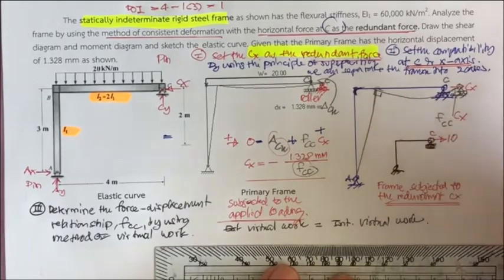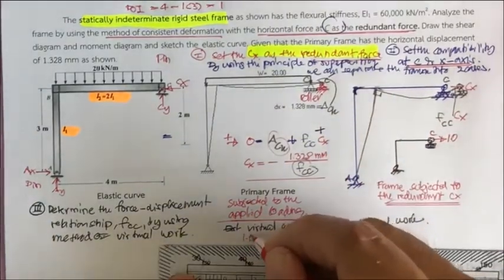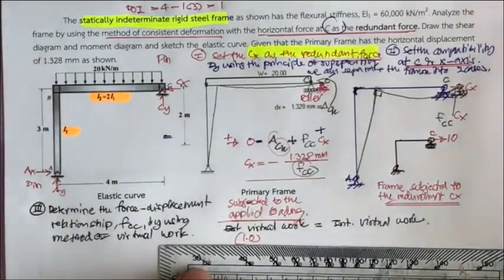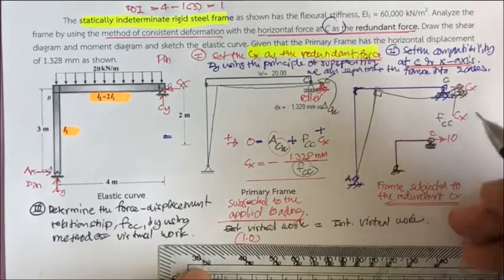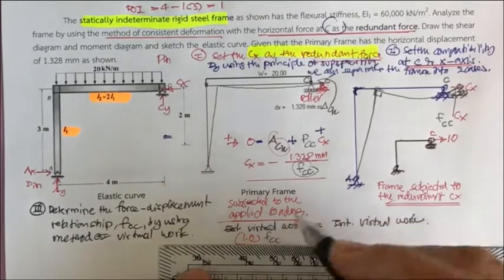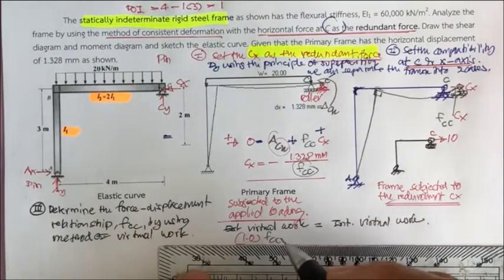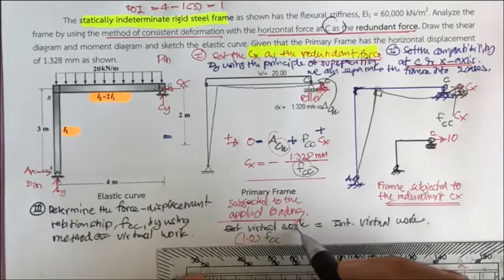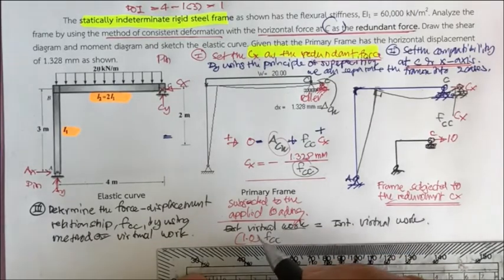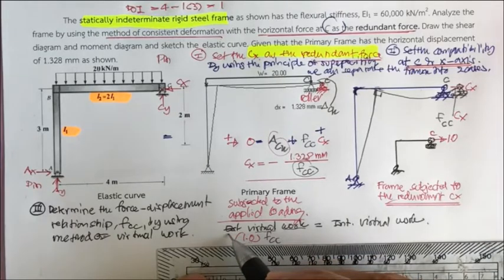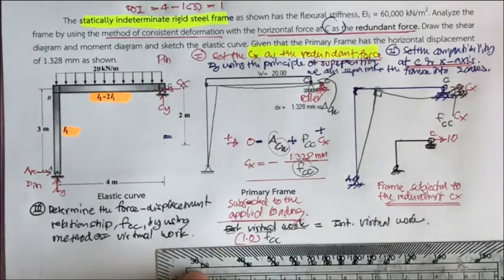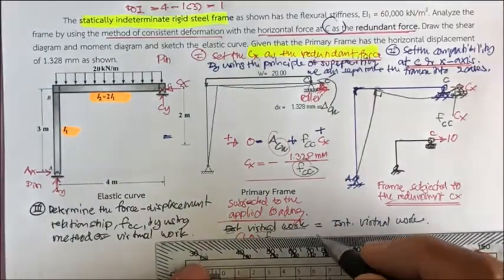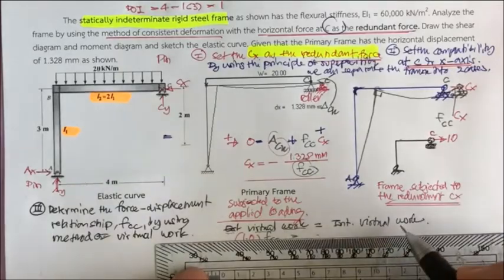So the 1.0 assumed force is going to be there, and this 1.0 assumed force is going to multiply the F sub CC. The force times the displacement is the work. And this is assumed, so it is virtual work. Since it occurs external to the structure, it is called external virtual work. And then it's going to equal the internal virtual work.